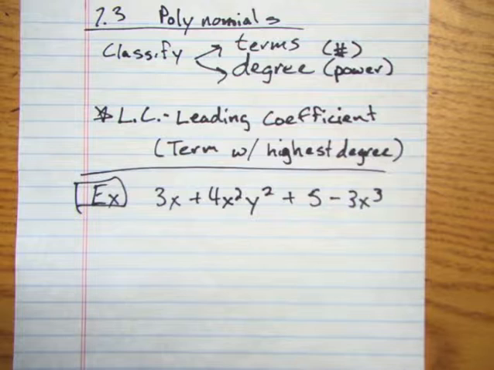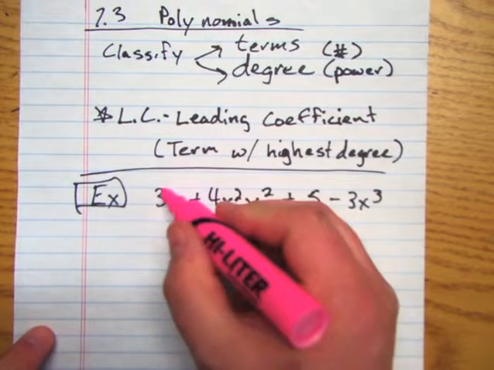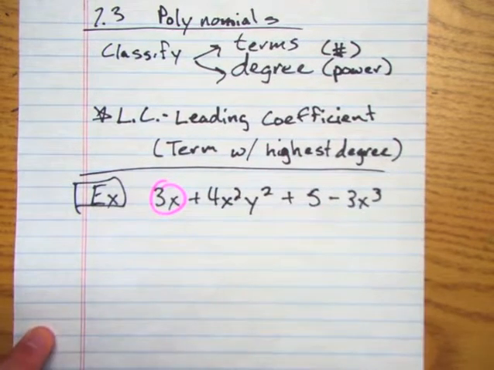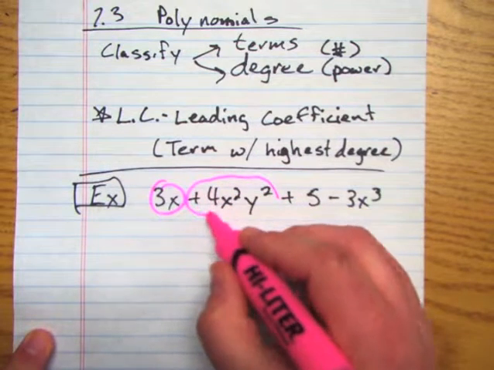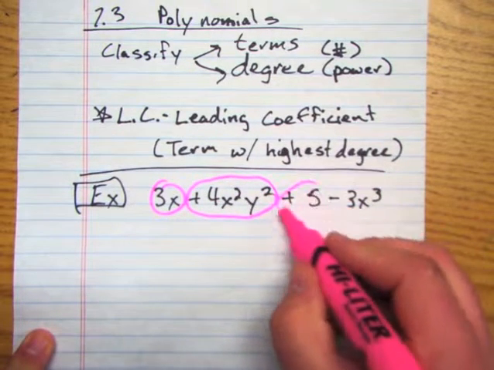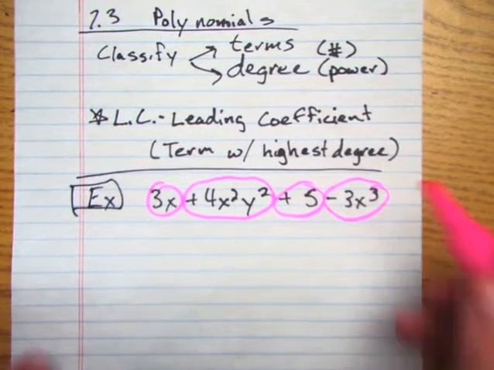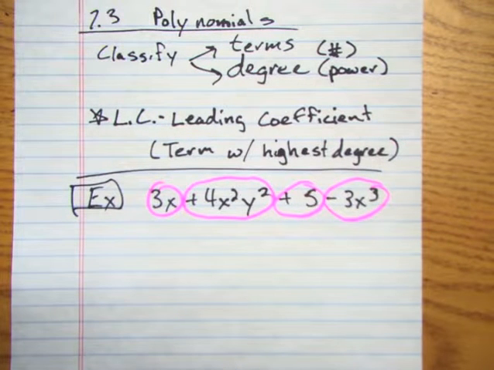Well, each one of these terms is a monomial, this is a monomial, this is a monomial, and this is a monomial, okay? Now, a lot of times what we want to do is put these monomials in what we call a standard form. We want to go from the highest degree to the lowest degree. But before I do that, I have to determine what degree each monomial is.